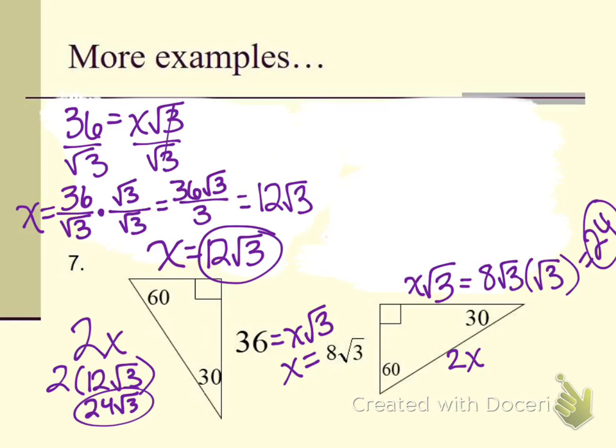So this becomes 24 on that side. For our last side, we're taking 2 times x. Again, x was equal to 8 radical 3. So this is 2 times 8 radical 3. What do we get? 16 radical 3. Cannot be simplified, so we leave it as 16 radical 3.